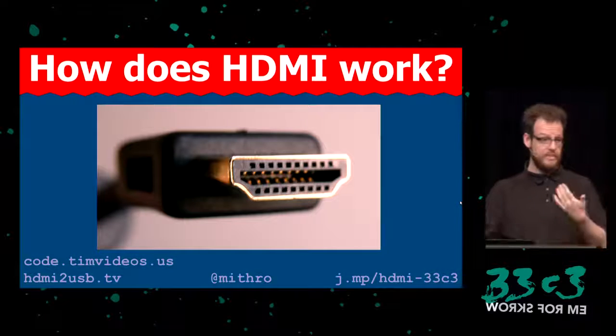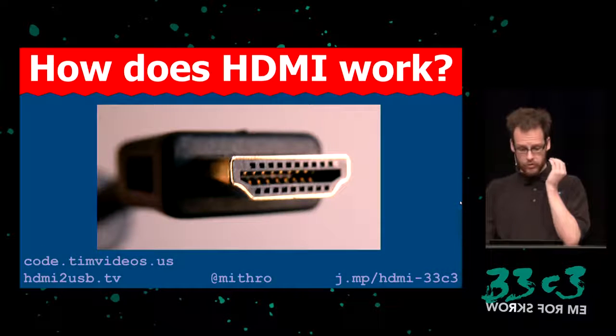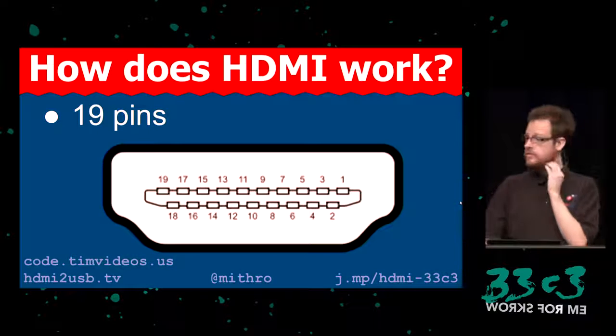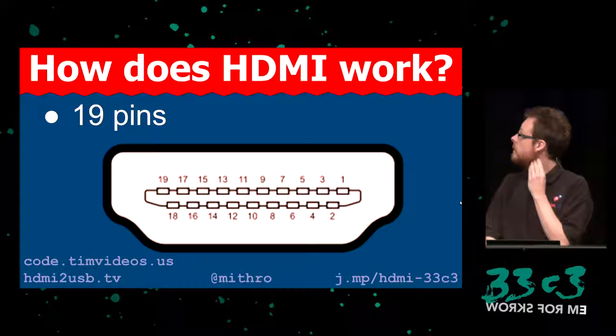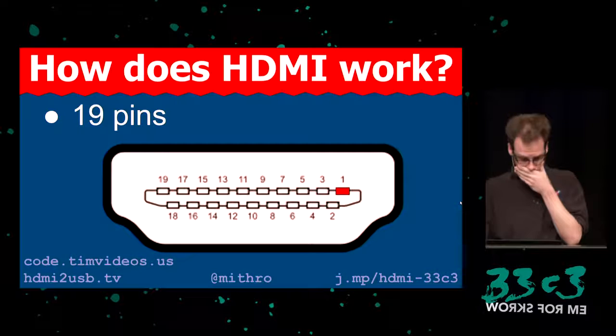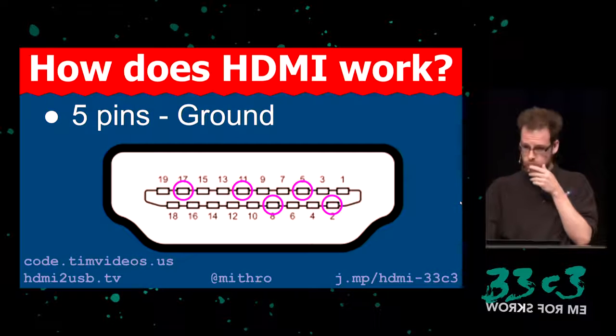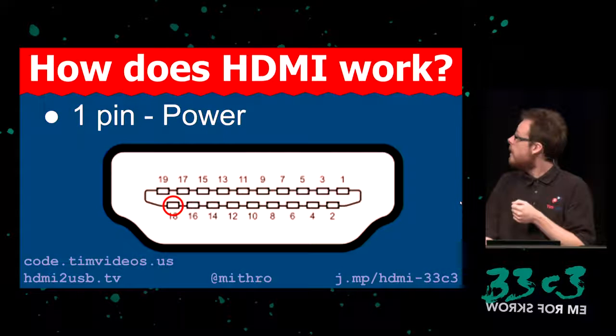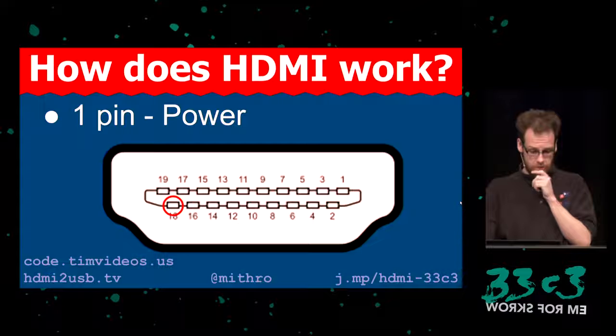And so this is an HDMI connector. You've probably seen them all before. If you look closely, you'll see that there are 19 pins on the HDMI connector. That's pin 1. So what do all these pins do? Well, there are 5 pins which are used for ground. There's 1 pin which is used for power.